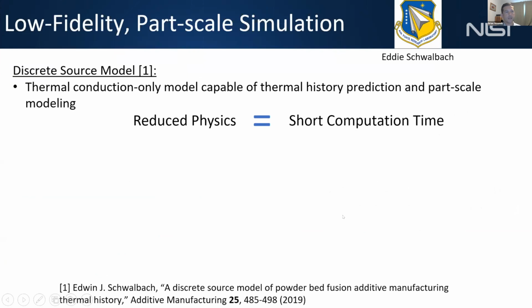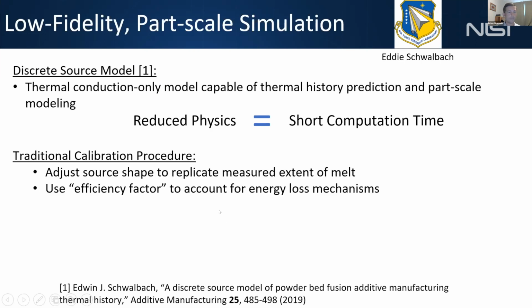So Eddie's model that he's developed for a couple of years is this discrete source model. This is a thermal conduction only model that's capable of giving us the information we wanted, namely the thermal history, but also part scale modeling. So it's this trade-off between reducing the amount of physics in order to have a short computation time.